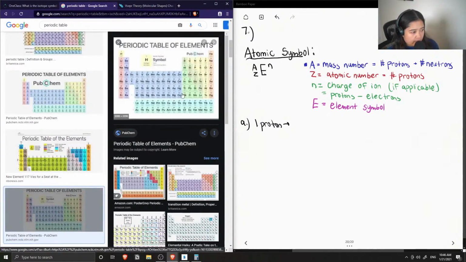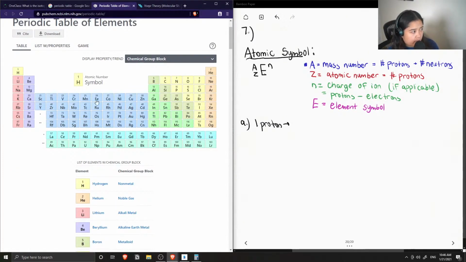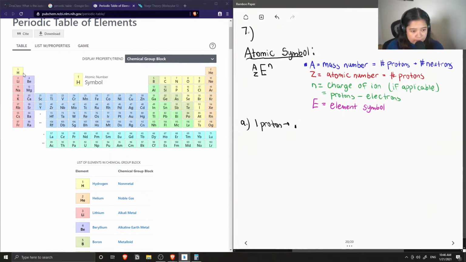So when we have 1 proton, this is the same as having an atomic number of 1, so we know that our element is hydrogen. So let me say, therefore, our element is hydrogen.